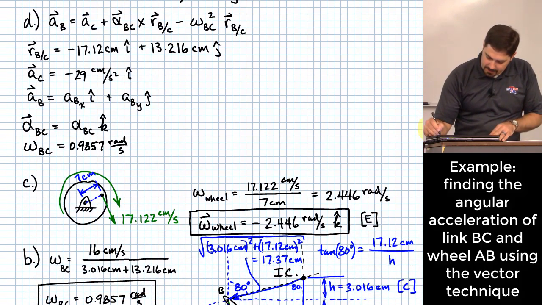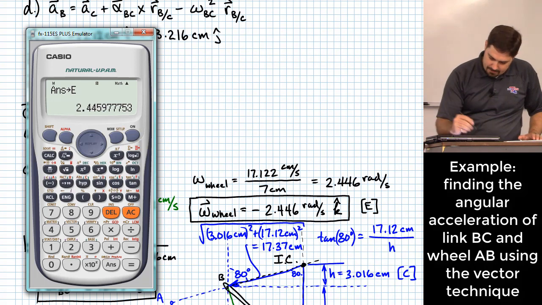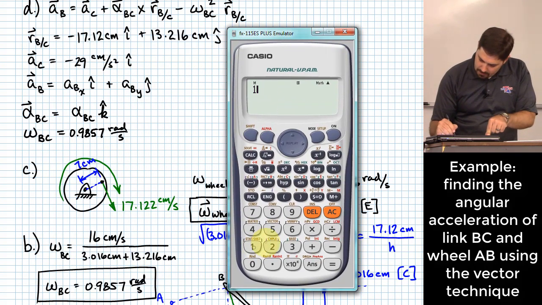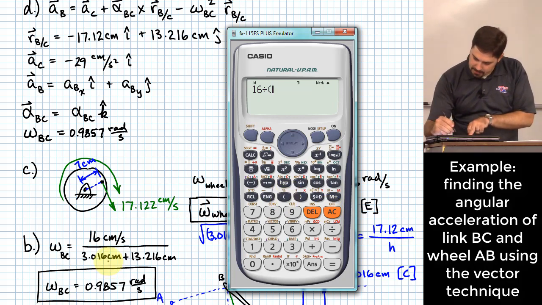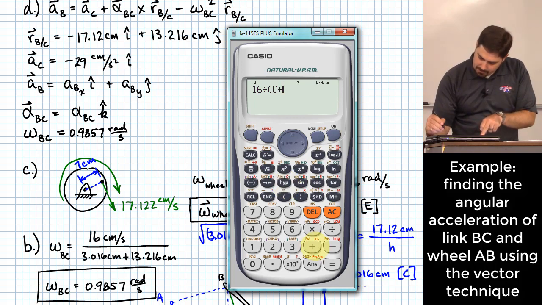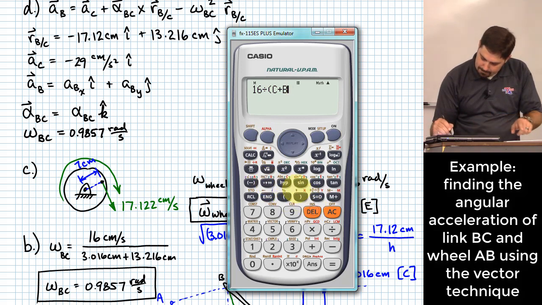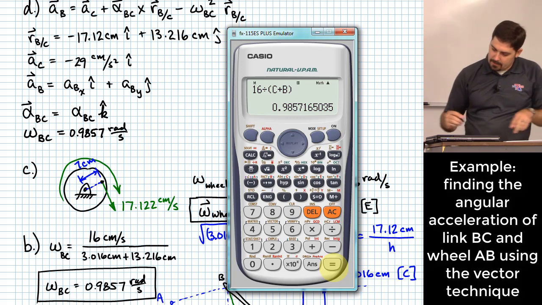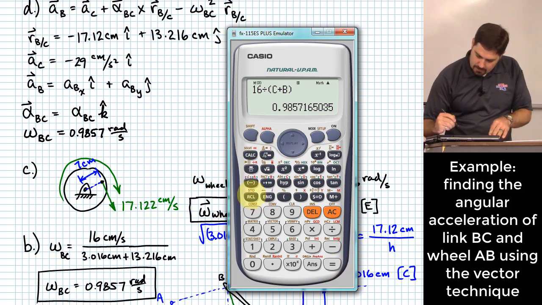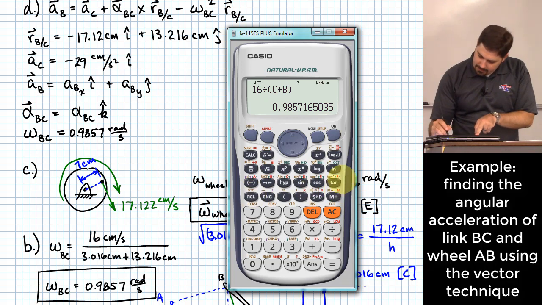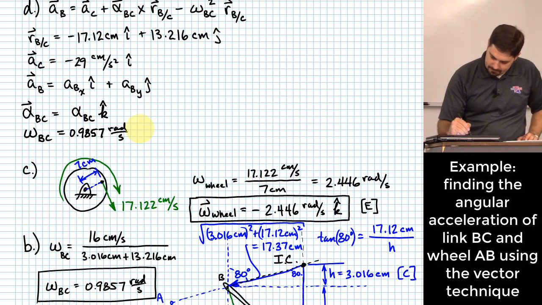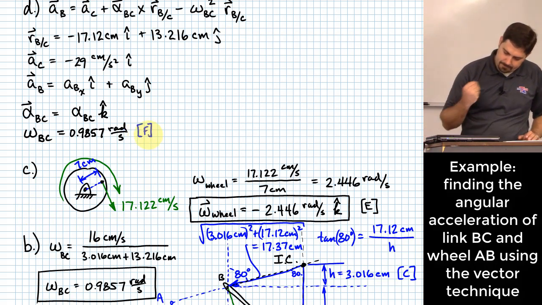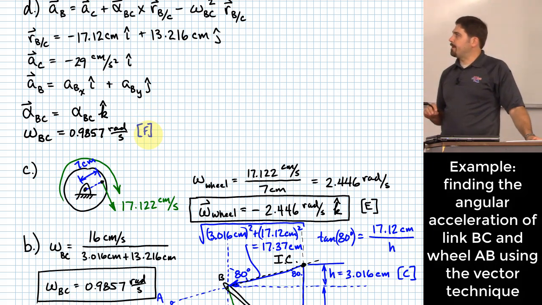I'll redo this calculation we had down here. 16 divided by, I believe I had the 3.16 was in C, plus, I believe the other one I had was in B. Okay, and now I'm going to store that. I haven't used F yet, so I'll store that in F, just to remind myself.